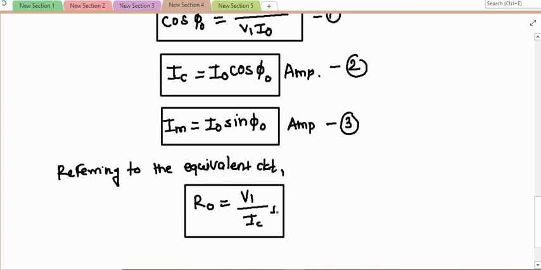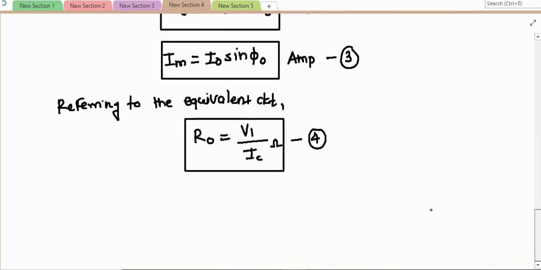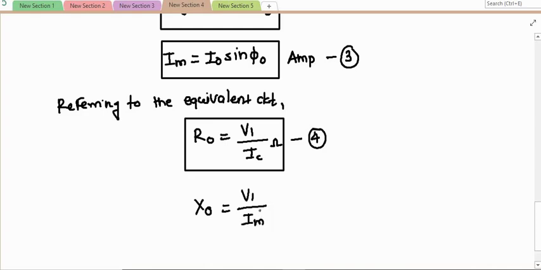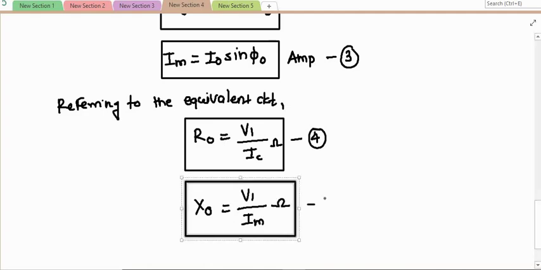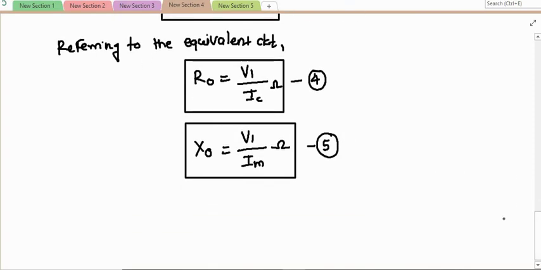This is in ohm. Equation number 4. Similarly, I can write down my X0, which is equal to V1 divided by Im, the magnetizing current, in ohm again, right? So we can find out the parameters of the shunt circuit. That shunt circuit is included in the equivalent circuit to take into account the effect of the no load current.